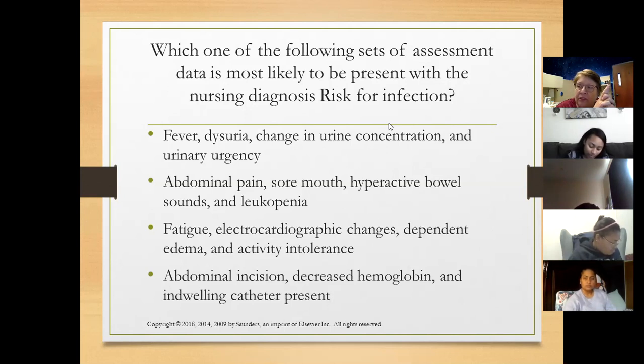And then the three parts of a nursing diagnosis. First, we have to identify what? The problem. Yeah, we can look at our assessment data and determine what the problem is. And then we have to determine what?